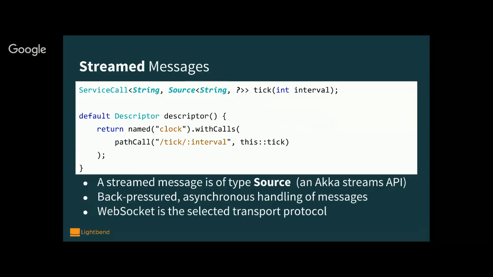That's what Akka streaming, or the streams API, does. It manages back pressure asynchronously, and essentially gives the sender a notification to slow down. The sender, being part of that connection, will respond and say, okay, no problem, I will slow down. And that's true back pressure management.